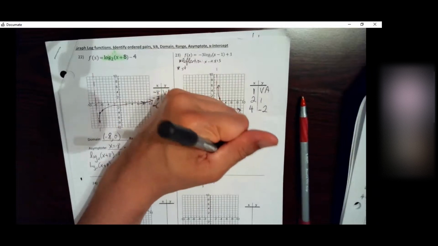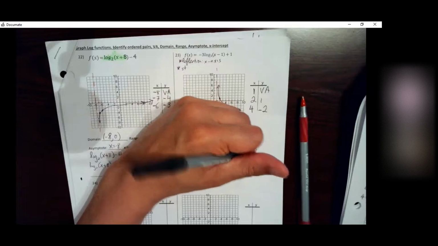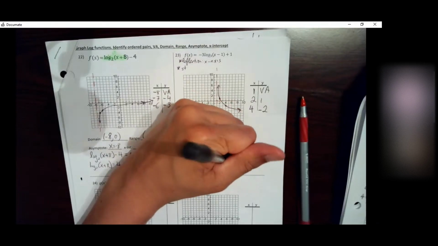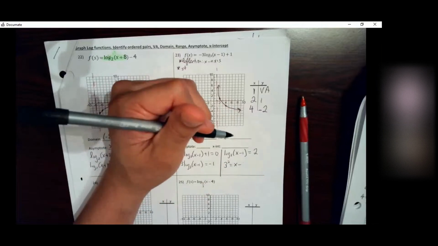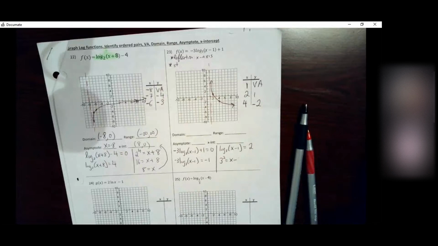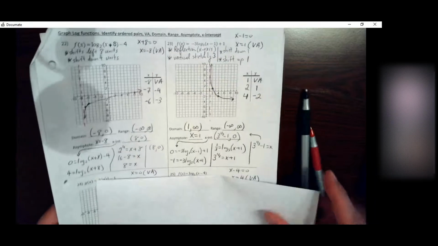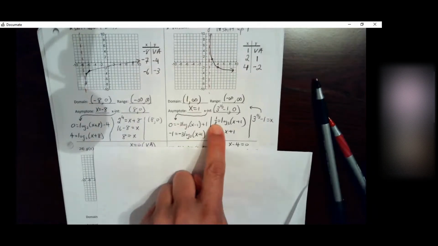So -3 log base 3 of x minus 1 equals -1. Log base 3 of x minus 1 equals... Oops, sorry, messed up. We have to divide by 3. Right? Yeah, divide. Okay, so that would be +1/3.